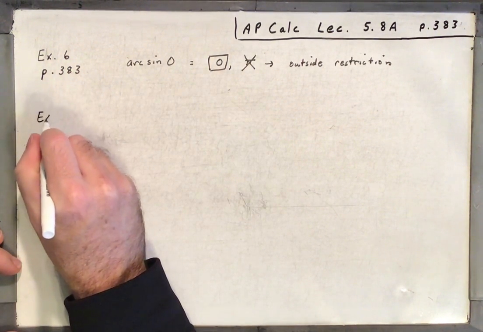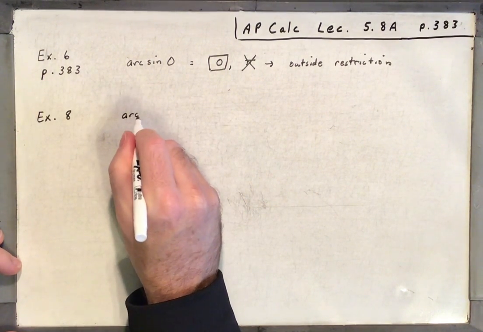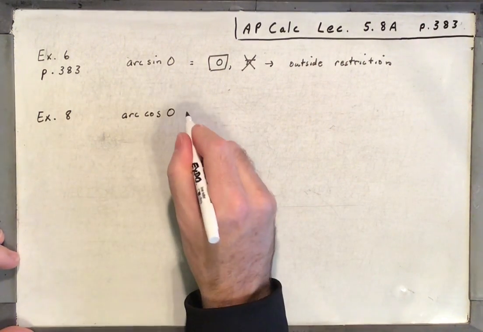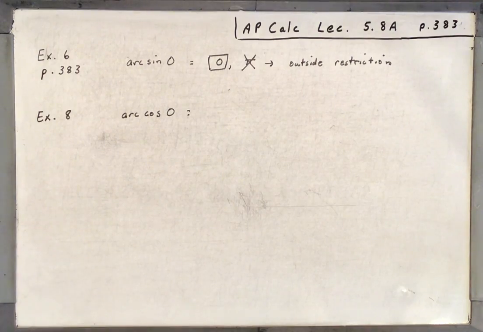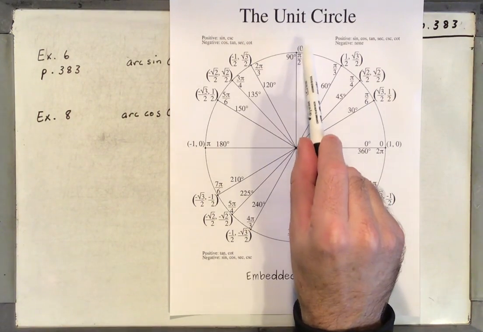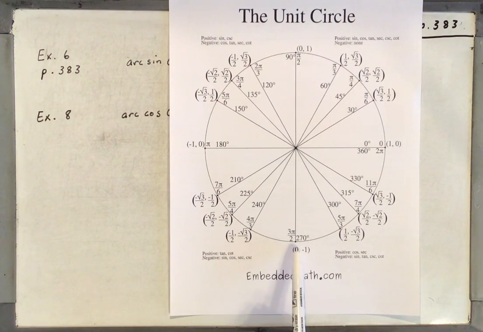Let's look at example 8, and that is arc cosine of 0. If you look at the unit circle, the angle whose cosine is 0, you will see that it happens in two places on the unit circle, at pi over 2 and at 3 pi over 2.